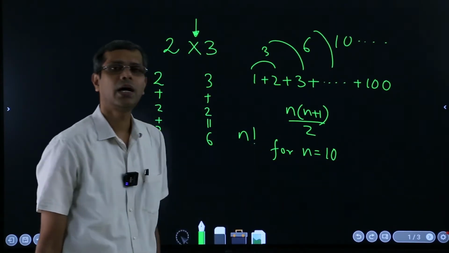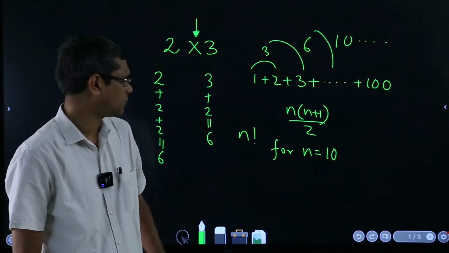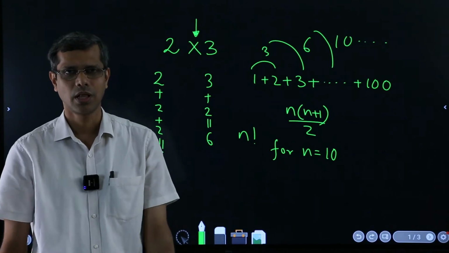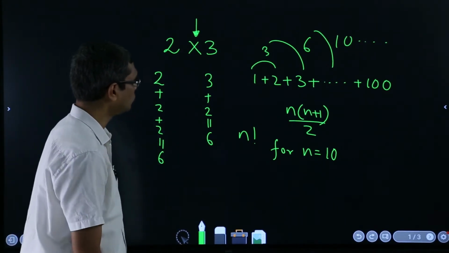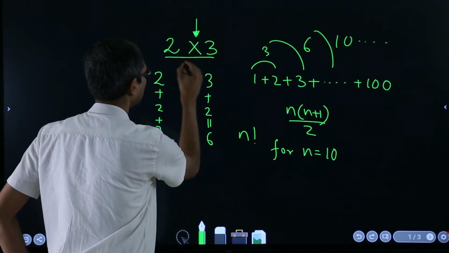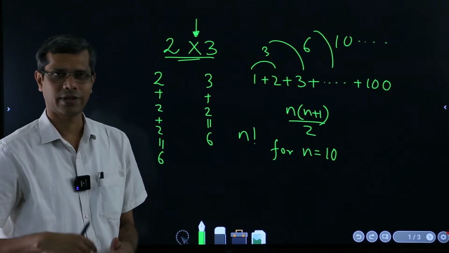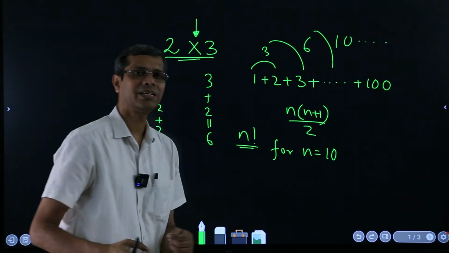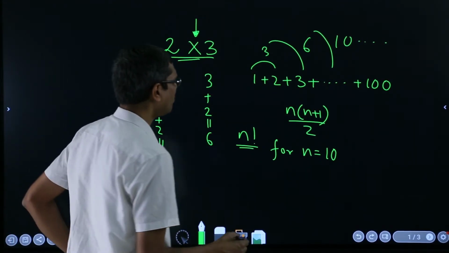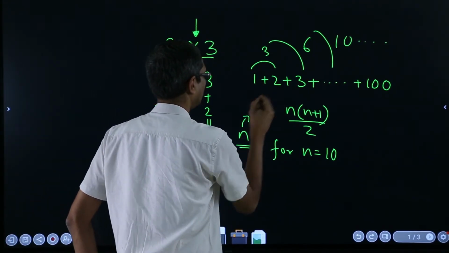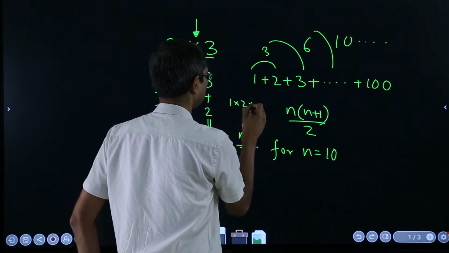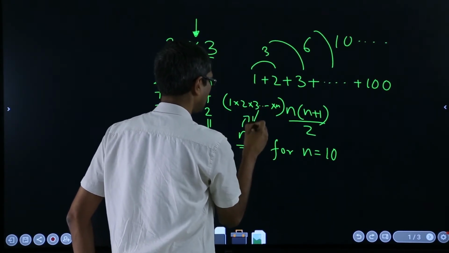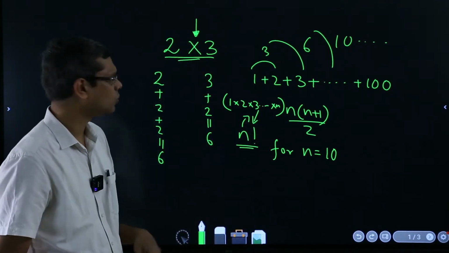Suppose your calculator doesn't have a factorial symbol, that's fine, but you know that multiplication is a repetitive addition. Suppose somebody tells you that factorial is nothing but multiplying 1 into 2 into 3, up to n.